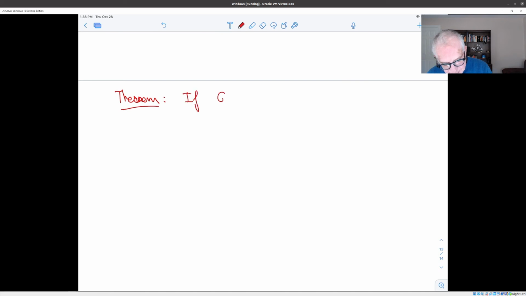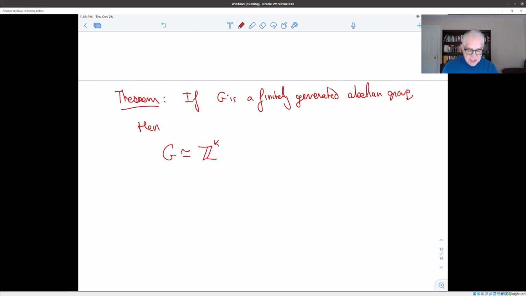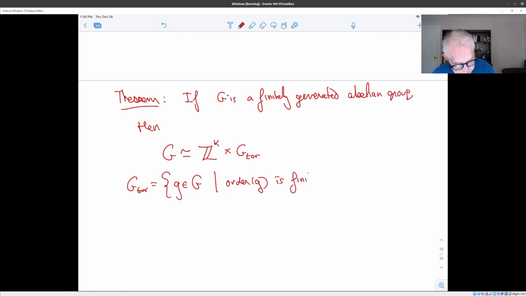If G is a finitely generated, not finite, but finitely generated abelian group, then G is isomorphic to the product of a finite number of copies of the integers together with G_tor, where G_tor is the collection of elements in G whose order is finite, and G_tor is a finite group.